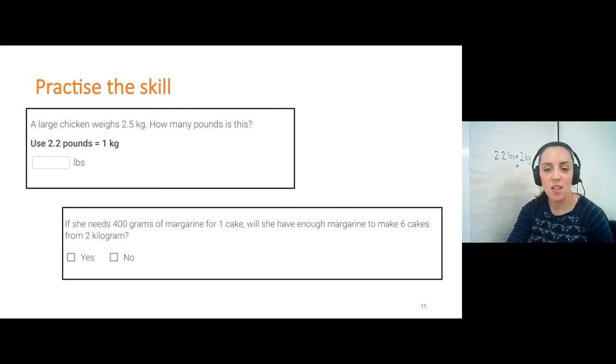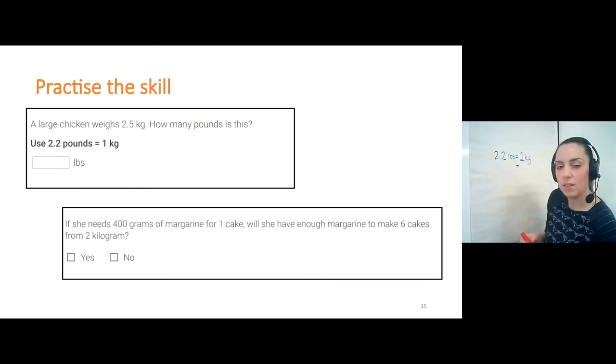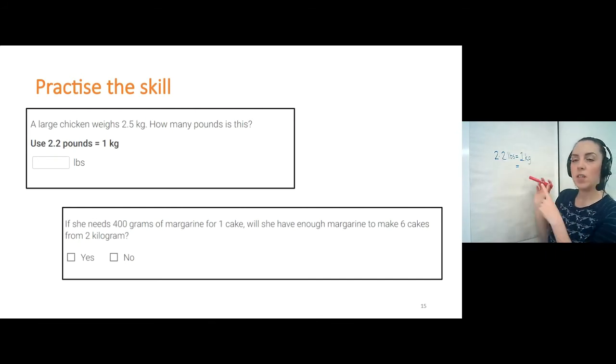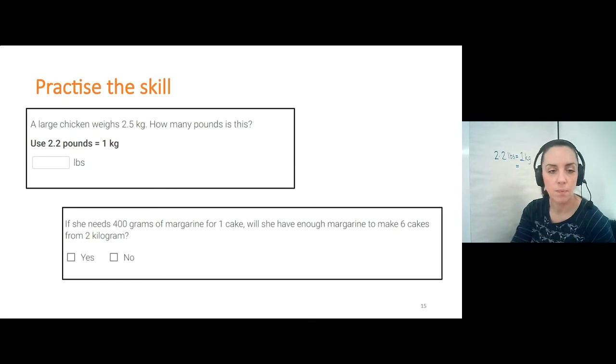Are we all using this scaling up sort of way of doing it? There are other ways as well, but we've been focusing on this because obviously it's a different way to what maybe BKSB shows you as well. Does anybody use this method? Are you finding it useful at all?